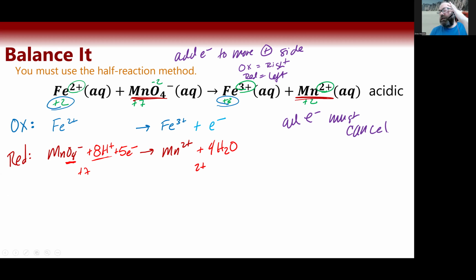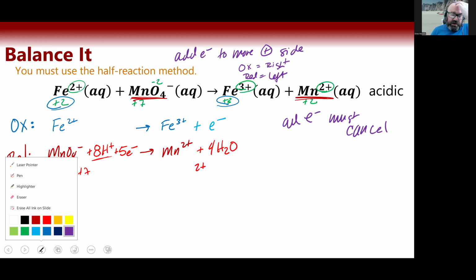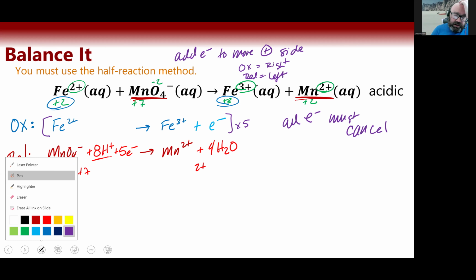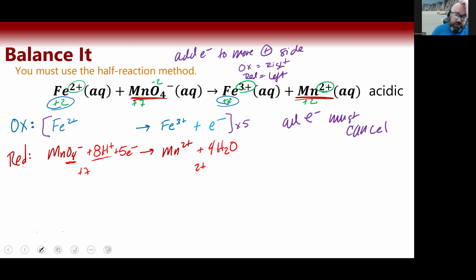So since our manganese half has 5, that means our iron has to have 5. So what we're going to do is multiply this by 5. And you can either rewrite it or you can change the coefficients or however you want to show your work. Just remember that there's 5 of everything in here.